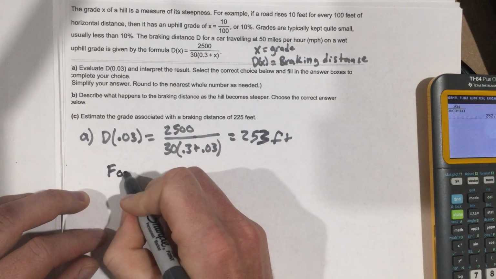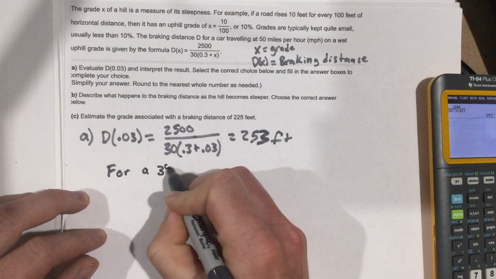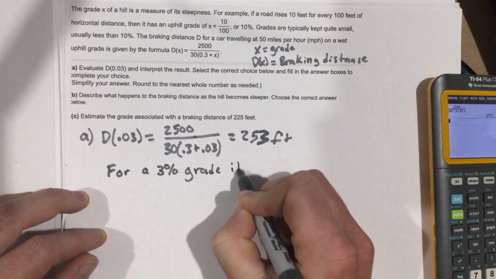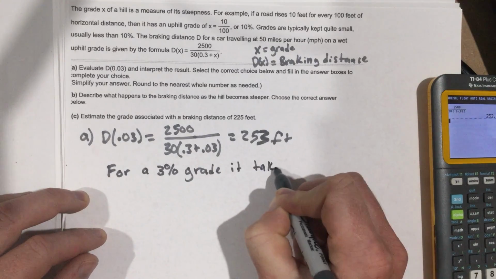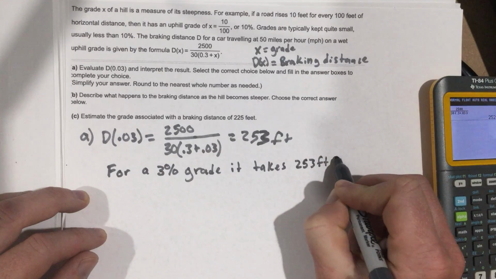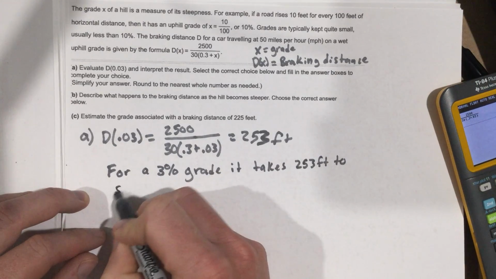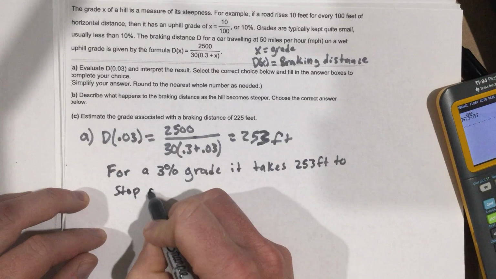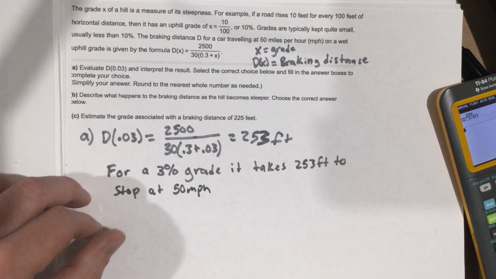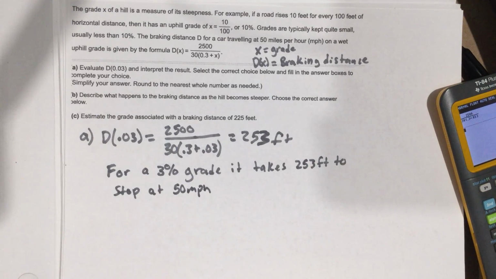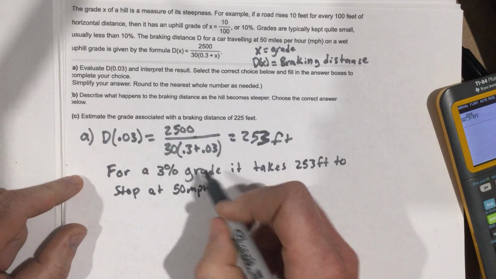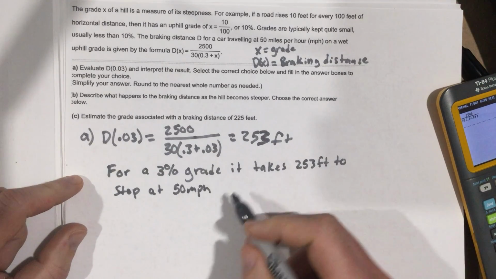So for a 3% grade, it takes 253 feet to stop at 50 mph. And this is an uphill grade. We should have put uphill here. So we're going uphill.